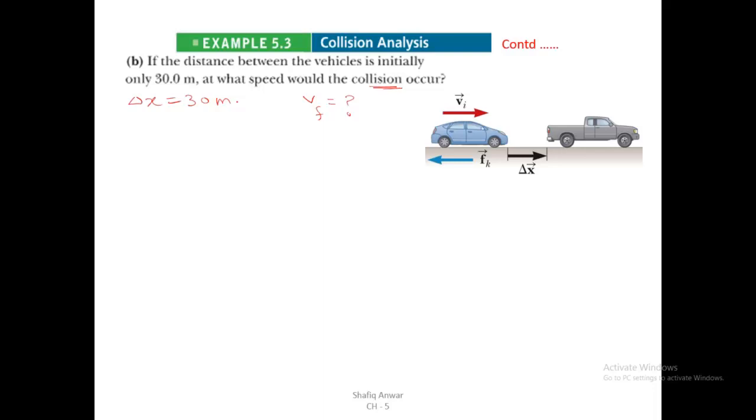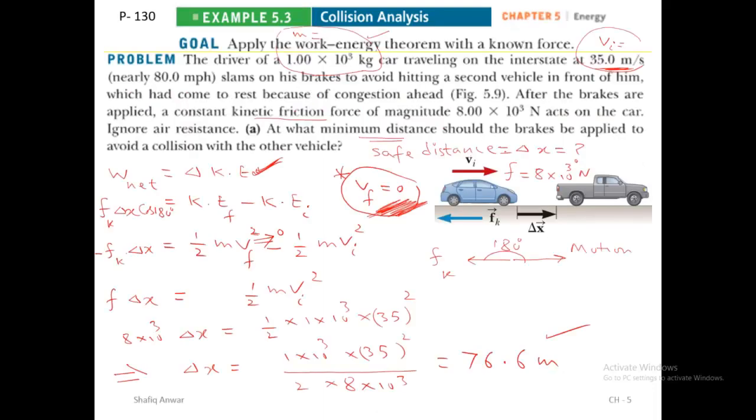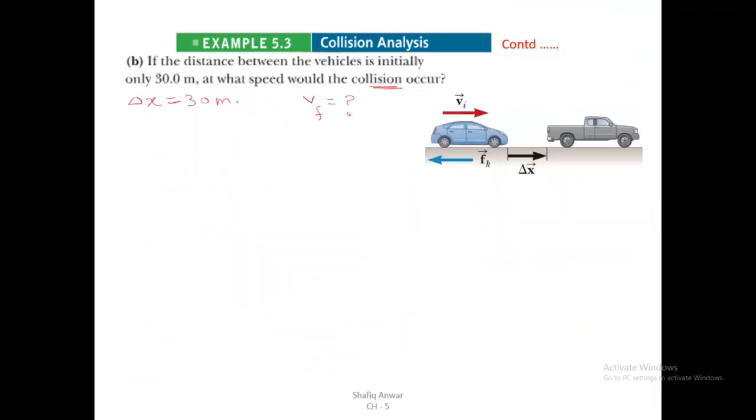Now you see, before the safe distance was 76. So if you apply the brake at this distance, there will be no collision, 76. Now he's asking 30 meter. So of course your car will hit, there will be collision. So what will be the speed of your car at that time?